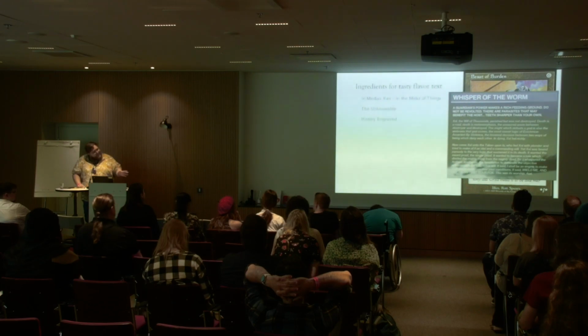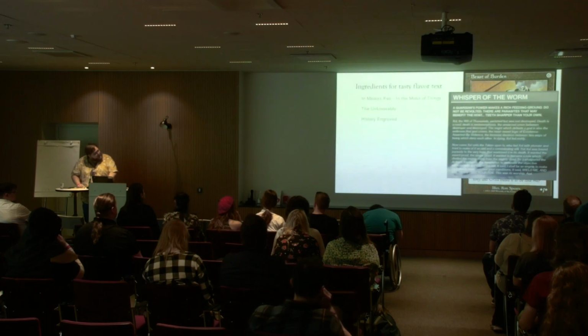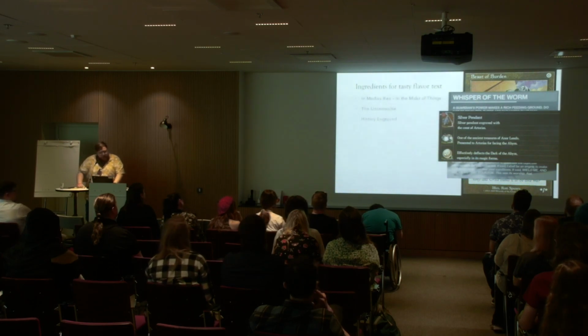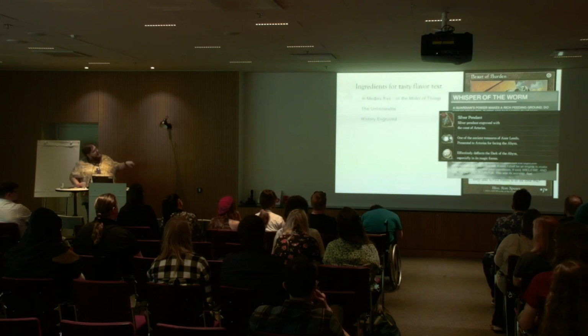it might have something that has not just traveled across the stories, but has also been embedded into it. An example of that would be the silver pendant from Dark Souls. In this case, it's just a small silver piece of jewelry, listed as one of the ancient treasures of Anor Londo, the capital of the kingdom in the game.